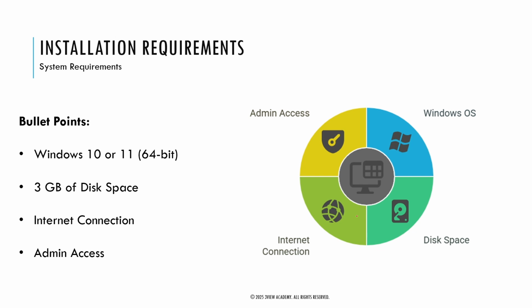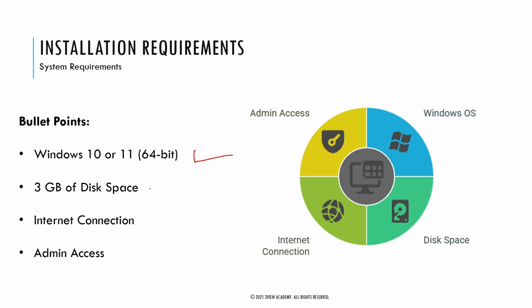So what are the installation requirements? Basically, we need a minimum system configuration. Let's quickly go through the system requirements. You will need a 64-bit system on Windows 10 or Windows 11.